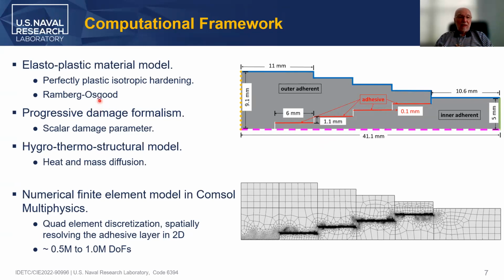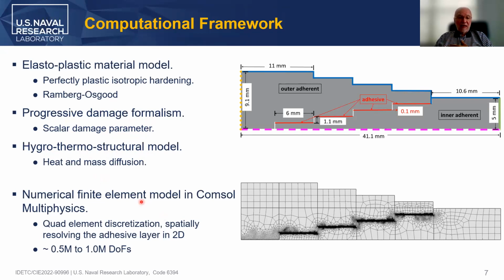And we went through all the potential configurations of the mechanics here: plasticity in at least 2 forms, a perfectly plastic isotropic hardening, a multilinear one, the Ramberg-Osgood nonlinear one, a progressive damage formalism with a scalar damage parameter, as I mentioned before, and of course the hygrothermal structural model that integrates heat and mass diffusion inside the medium.